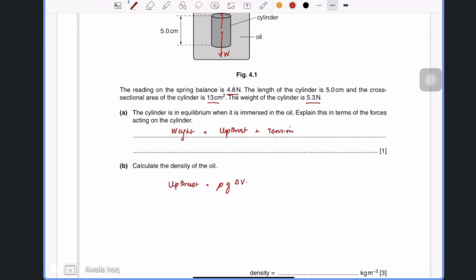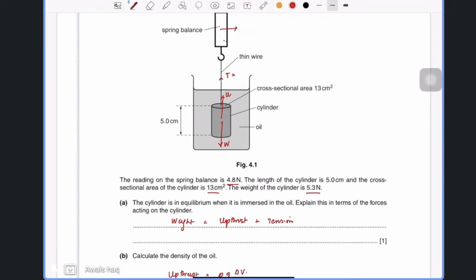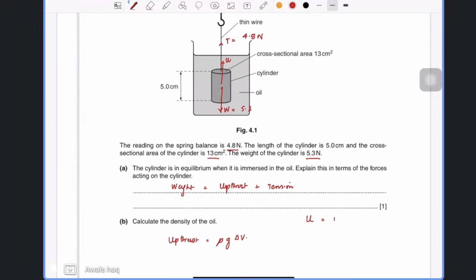So now you just need rho. To find the density, upthrust is basically, if the thin wire shows a reading of 4.8 and the weight is 5.3, the upthrust is going to be equal to weight minus tension. So 5.3 minus 4.8, what do you get? I think 0.5 newtons, right?